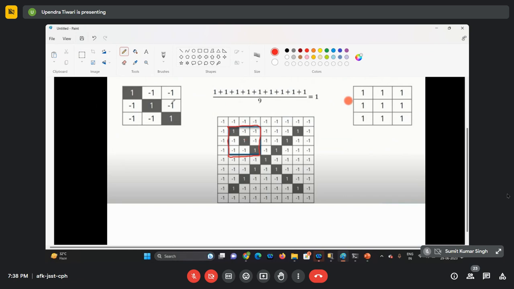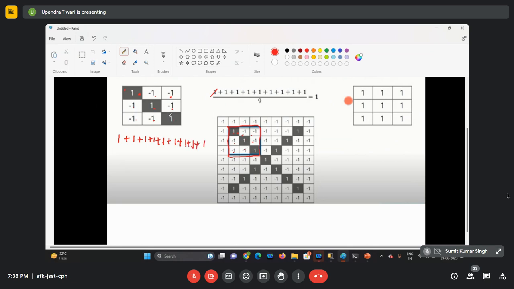And then what we'll do, see, this pixel will be multiplied with this pixel because it will be covering this by this. So 1 into 1 is 1. Let me write here. 1 into 1 is 1, plus minus 1 into minus 1 will become 1. Then minus 1 into minus 1, again 1. Then minus 1 into minus 1, 1. 1 into 1, 1. Minus 1 into minus 1, 1. Minus 1 into minus 1, 1. Minus 1 into minus 1, 1. And 1 into 1, 1.